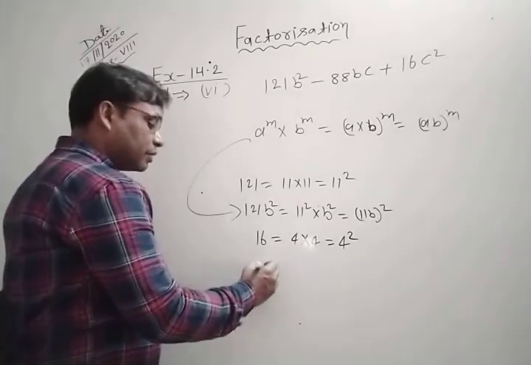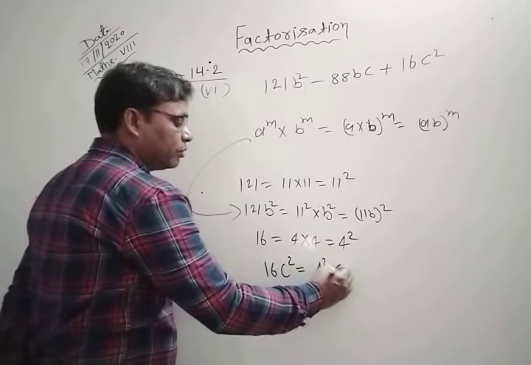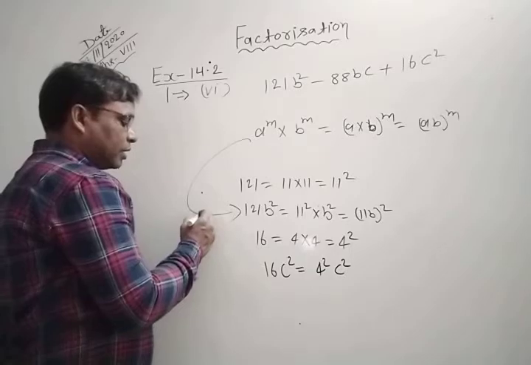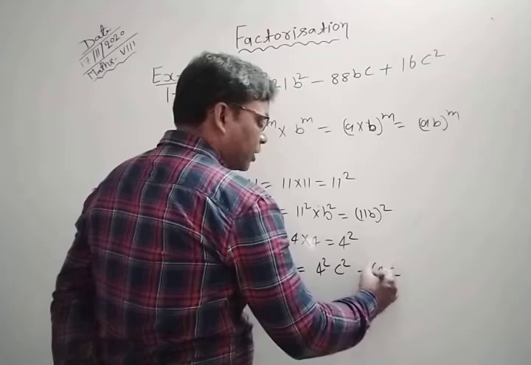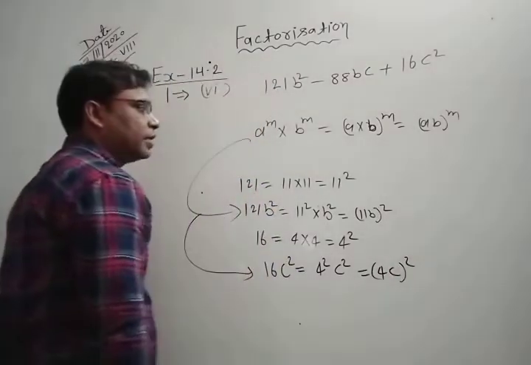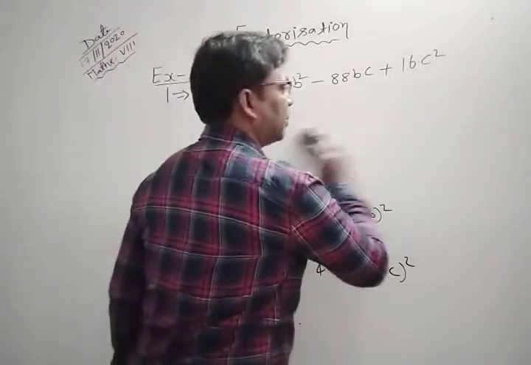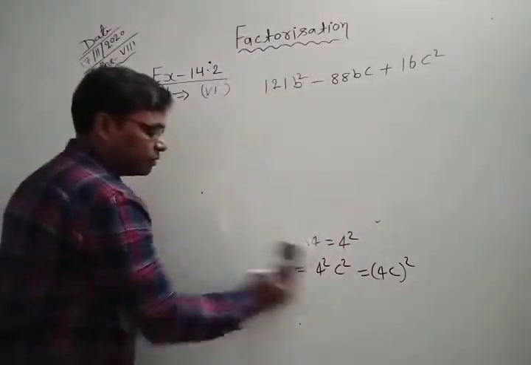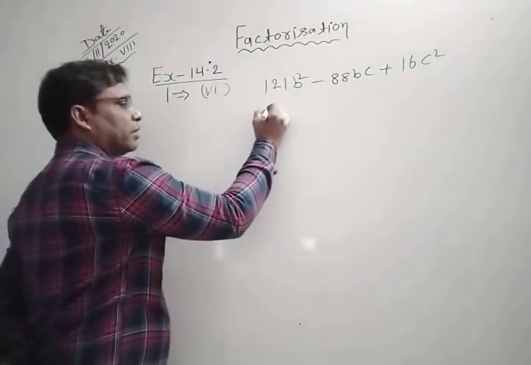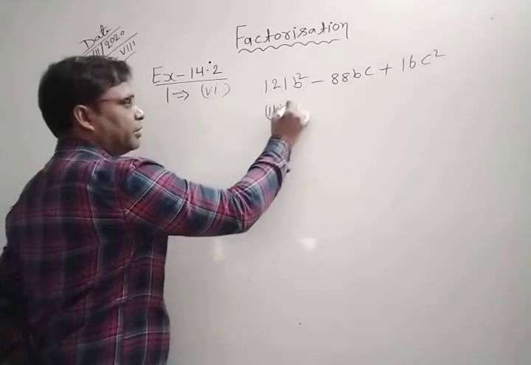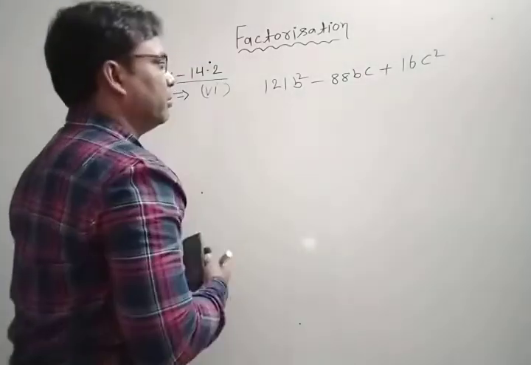So 16 c square means square of 4 into square of c, and according to this identity you can write it as (4c) whole square. Clear? Now let's see how we can find the factors using the identity, with (11b) whole square.